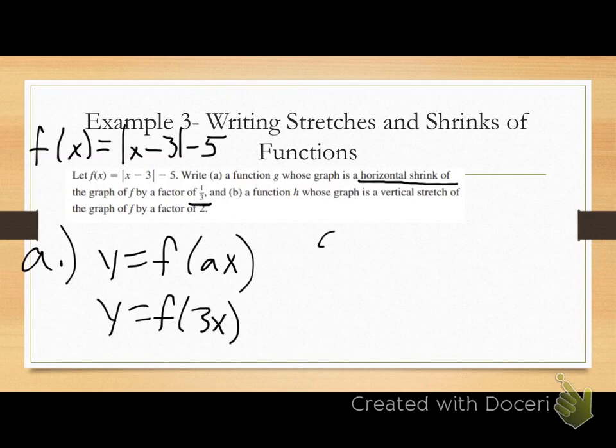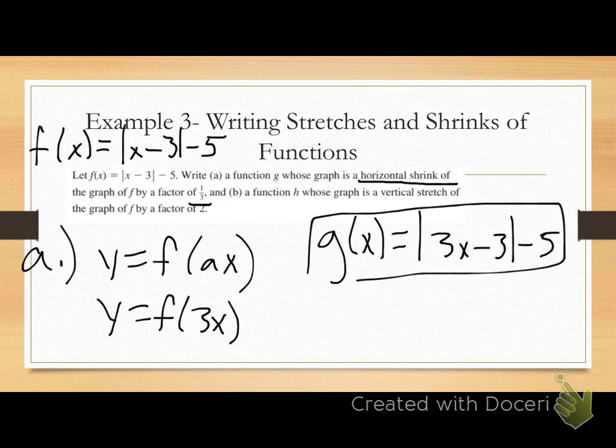G. So g of x equals absolute value, take the x out, replace it with 3x. Can I simplify that any further? No. So here's my answer for letter A.